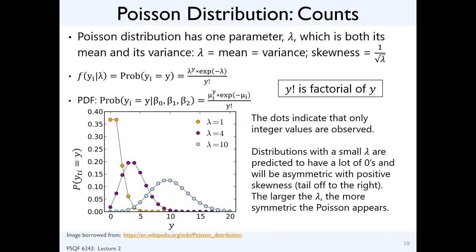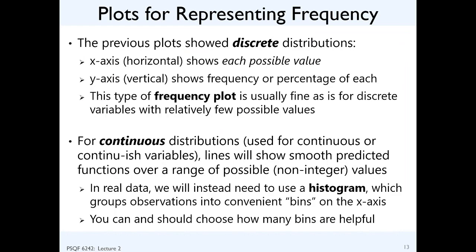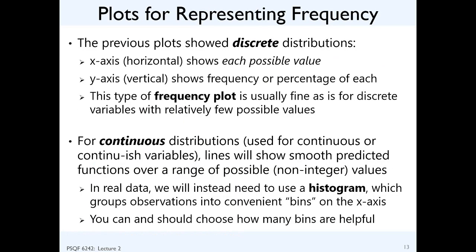Poisson, where it's the count of things that happened, and you can't have counts that are negative or in between numbers, non-integers. And zero-inflated versions of that. The other ones then are where we get into stuff that's truly continuous. And that's where we get to your new best friend, the normal distribution. Sure you've heard of that, right? It's a way of life. We're going to meet it next time and get to know it very well.